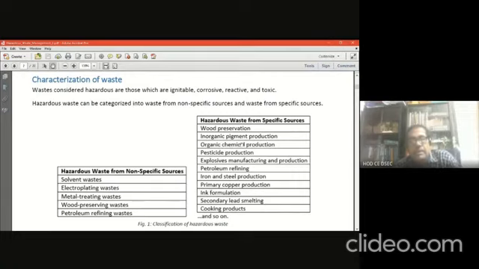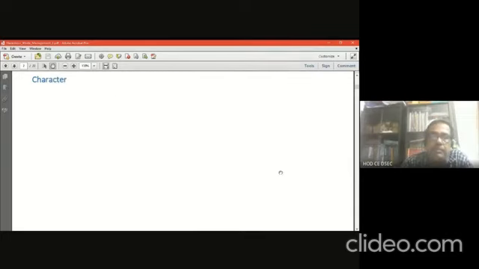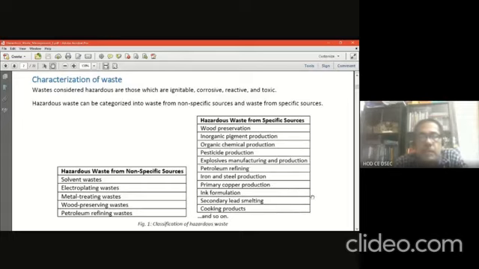Fine. Let us discuss the hazardous waste from specific sources. What are they? Wood preservation, inorganic pigment production, organic chemical production, pesticide production, explosive manufacturing and production, petroleum refining, iron and steel production, primary copper production, ink formulation, secondary lead smelting, coking products.